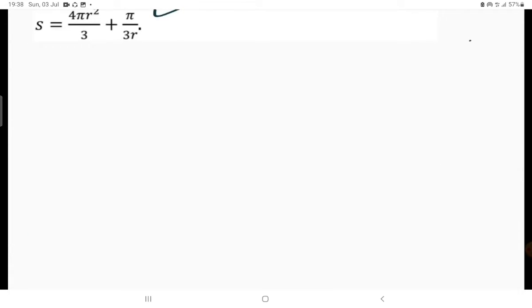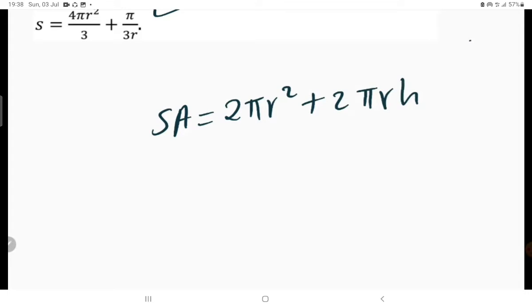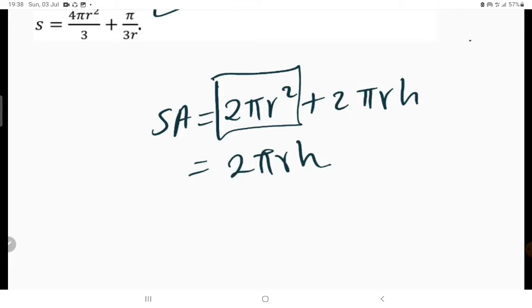Before that, we know that the surface area of the cylinder is 2 pi r squared plus 2 pi r h. But now, since I've already explained that, we really don't need this part because it is catered for by the two hemispheres. So we basically have just 2 pi r h, which is the side face of the cylinder.